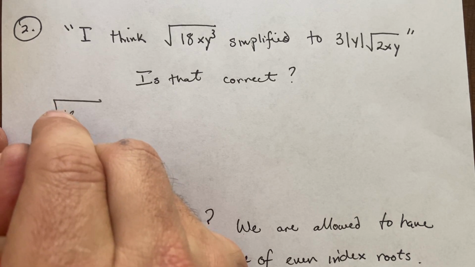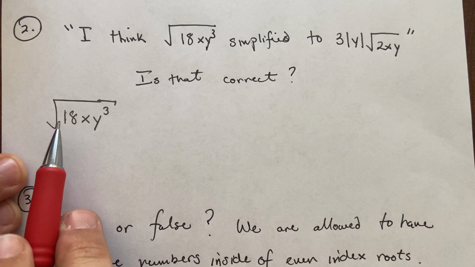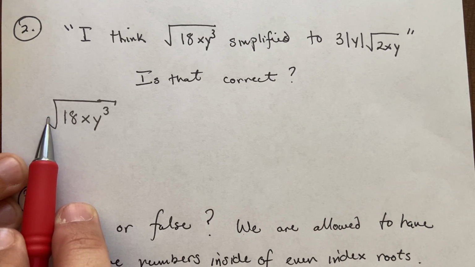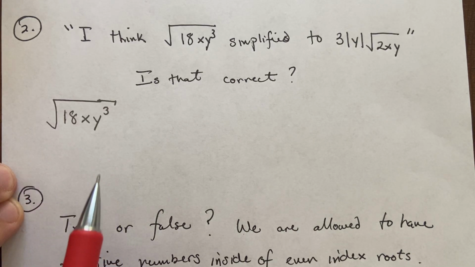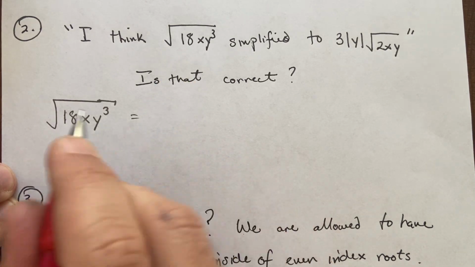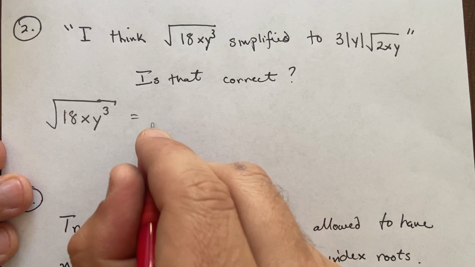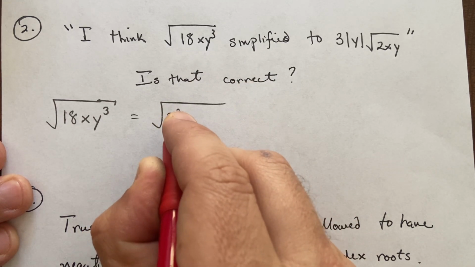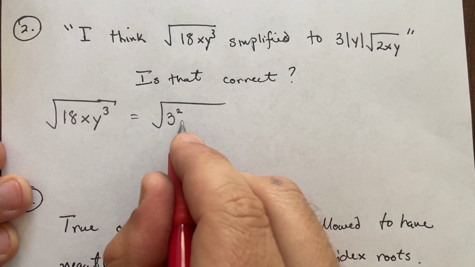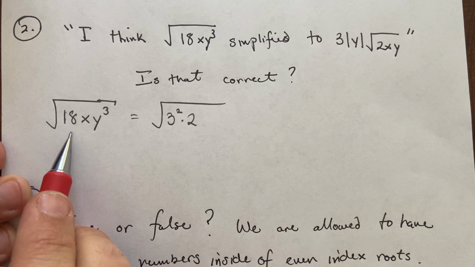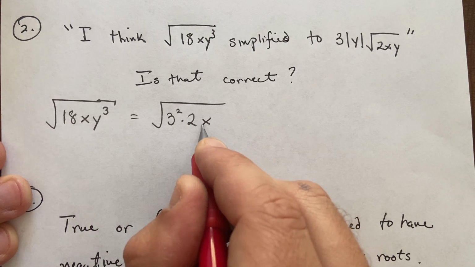So the square root of 18xy cubed. Since it's a square root, I want to pull all the perfect square factors out of this radicand. So this 18 has within it a 9. So 3 squared is a factor of 18. So that's my 9 times 2 would be the 18. X, there's no perfect square factors in x.